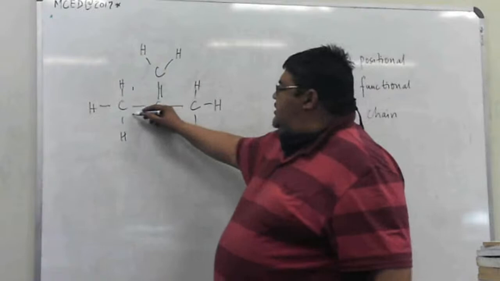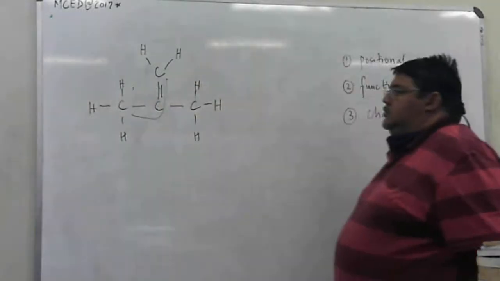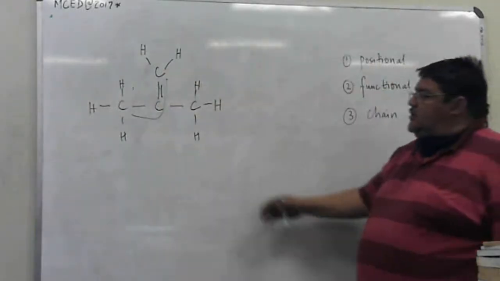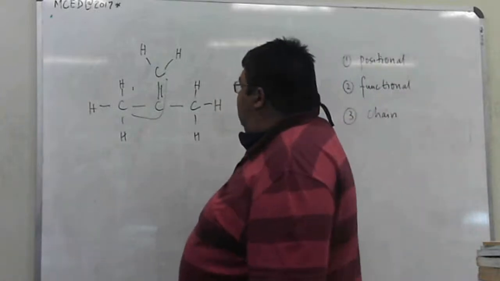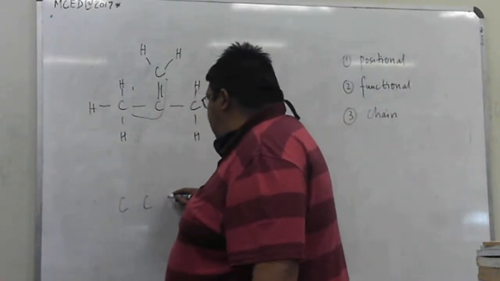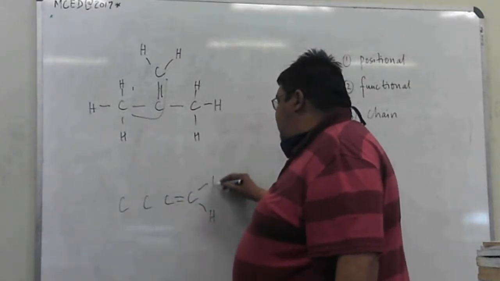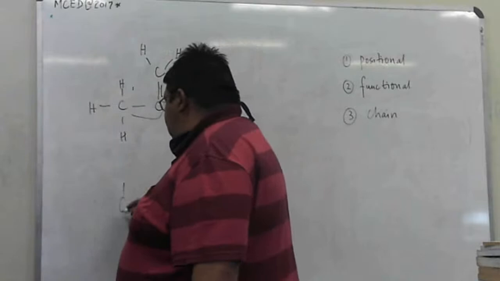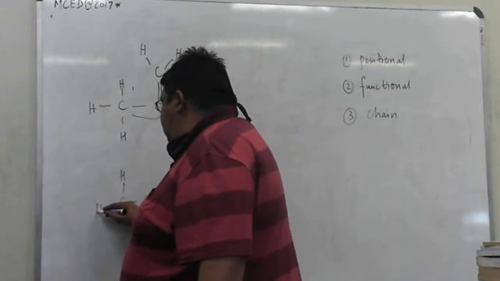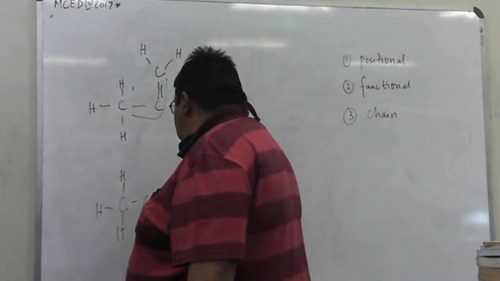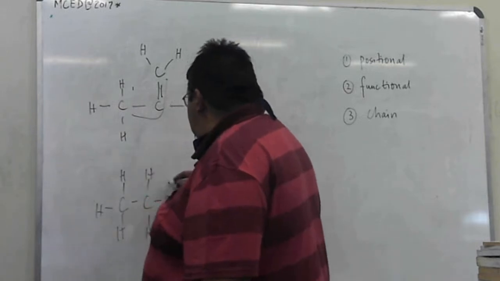Alright, so the chain length is 3, with a methyl substituent. All I'm going to do is make the chain length 4, keep my double bond at the end, and then we have a chain isomer, different chain length.